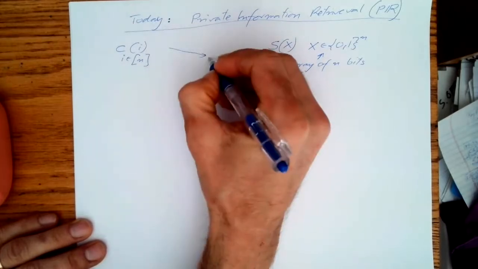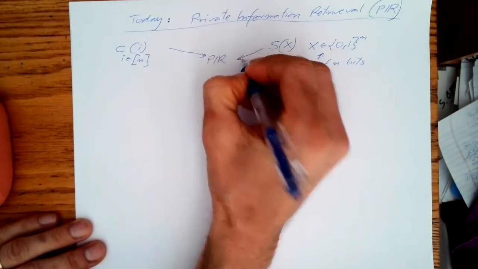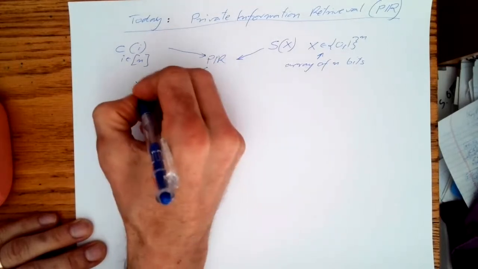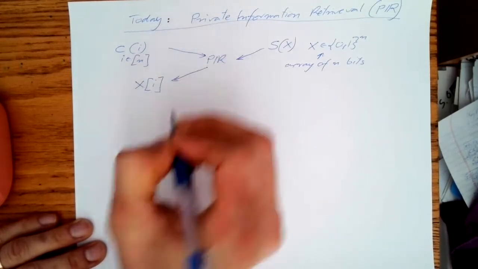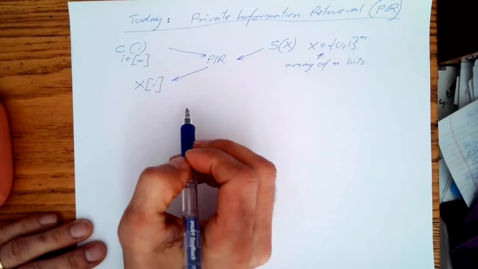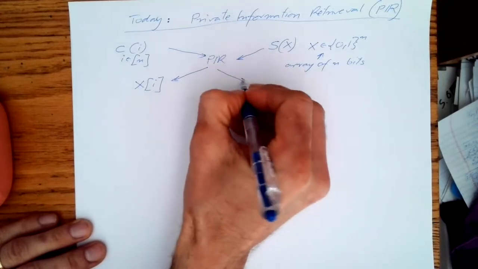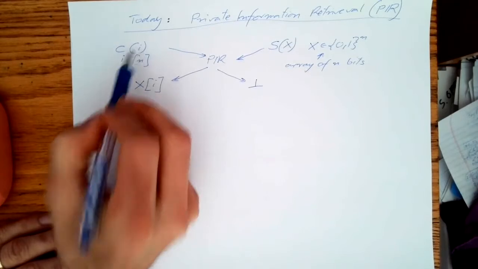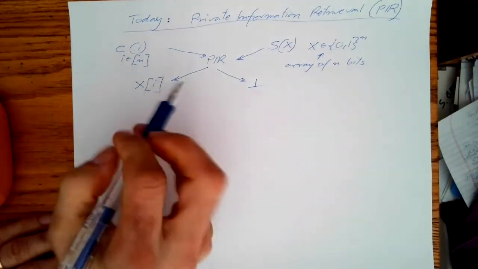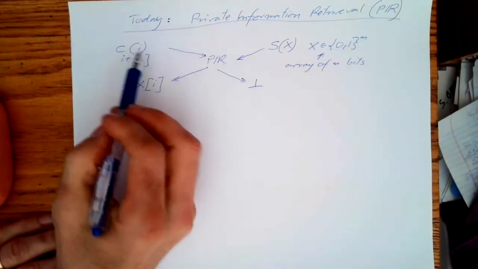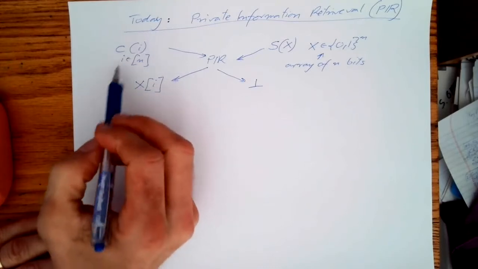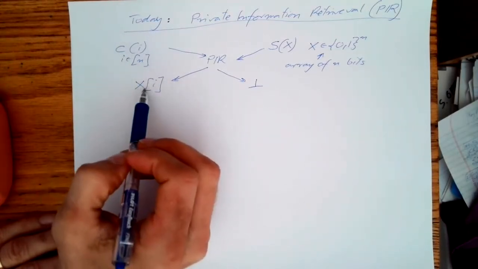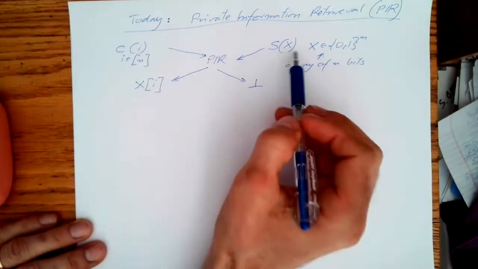The PIR building block should have the property that the client learns the ith location in array X, and the server learns nothing from the interaction. Well, the only thing there is for the server to learn is the client's input, the index at which the client retrieved a location in array X.